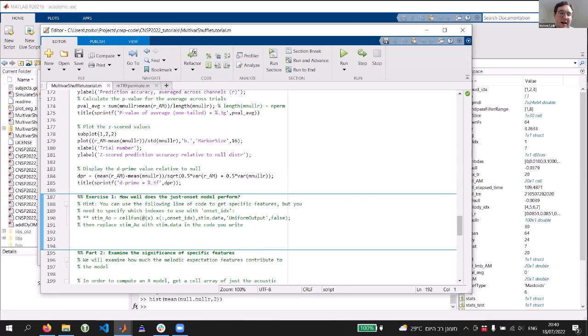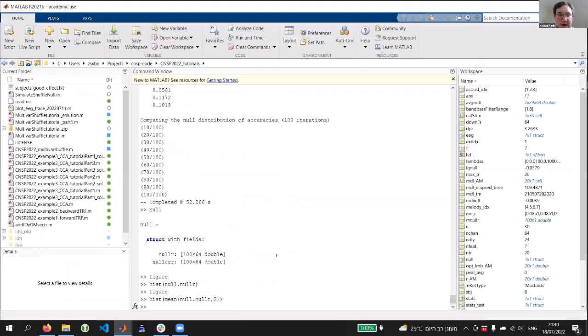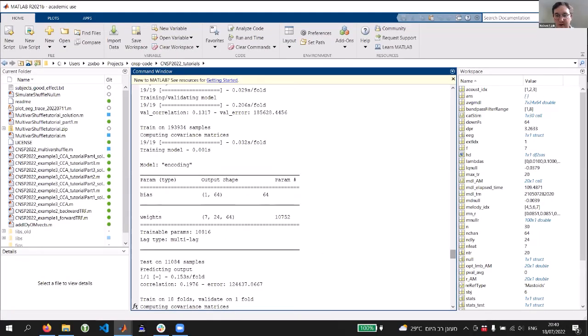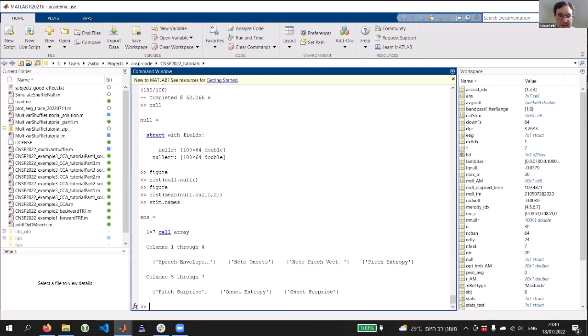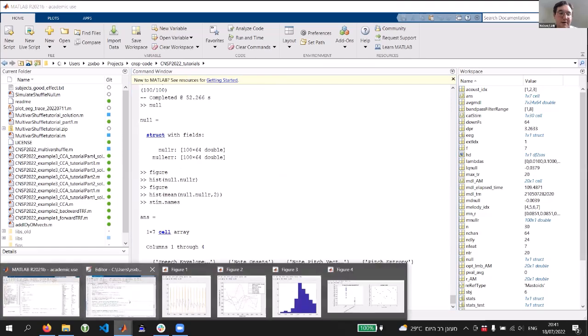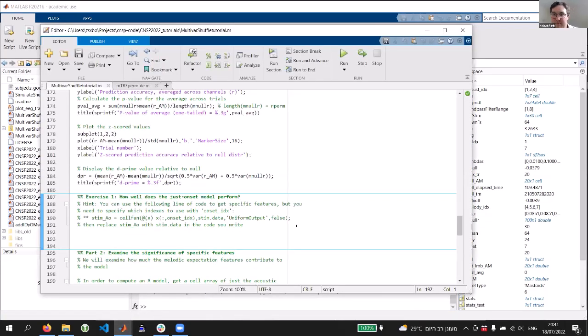If you go back to the, oh wait, let me go back. We can make a model of just note onsets. My question is, how well does that perform? Does that perform above chance? That's what I would like you to address in the exercise.